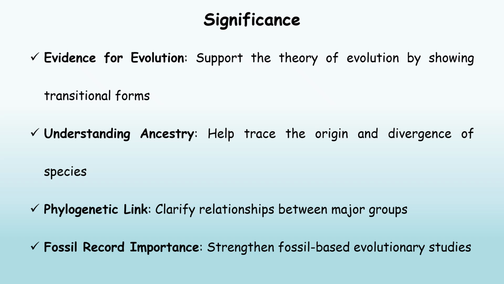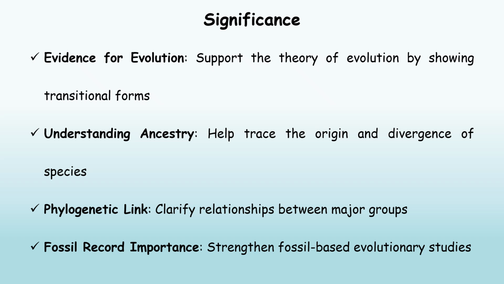They also act as phylogenetic links and can clarify the relationships between major groups. They are even very important fossil records, which strengthen fossil-based evolutionary studies. So this is about the connecting link species.